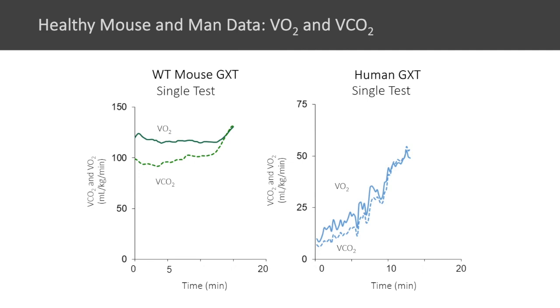Once you hit, which should be 15 minutes, you can see that VO2 and VCO2 intersect at the point where VO2 max is achieved. While the human data does not look quite the same, you again see a separation where the top line is the VO2 and the line below is the VCO2, and then they come together and peak by the end of the test at the point of VO2 max.